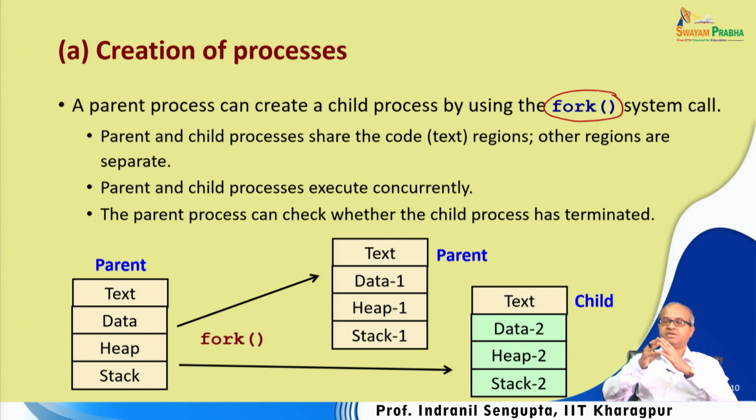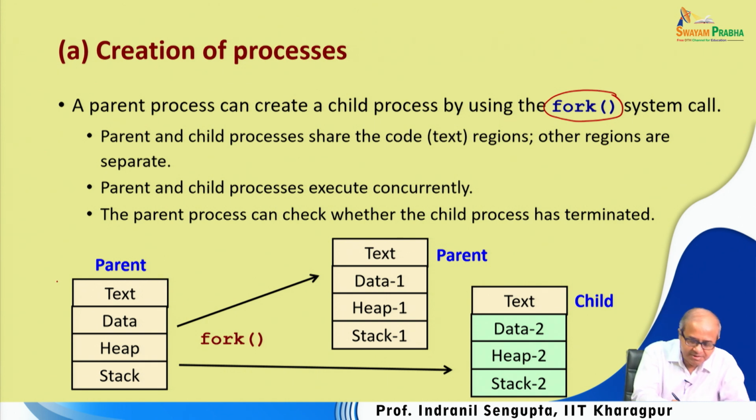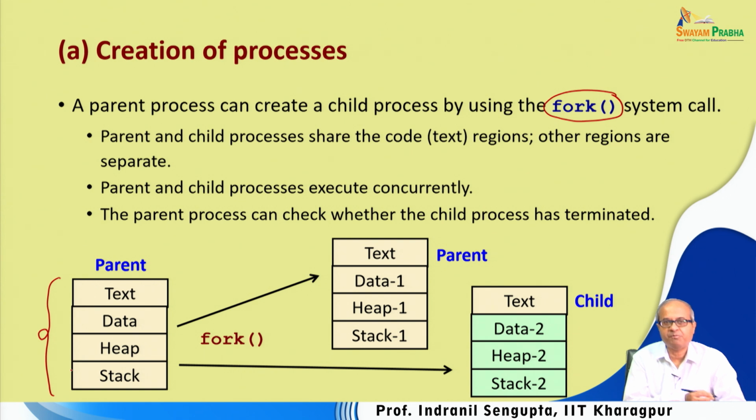Now, let us try to understand what actually happens when a fork system call is invoked. Let us say a parent process which is running invokes the fork system call. We have mentioned earlier that a typical memory map of a process consists of 4 regions, can be more than 4, but minimum 4: text region, data region, heap and stack regions.